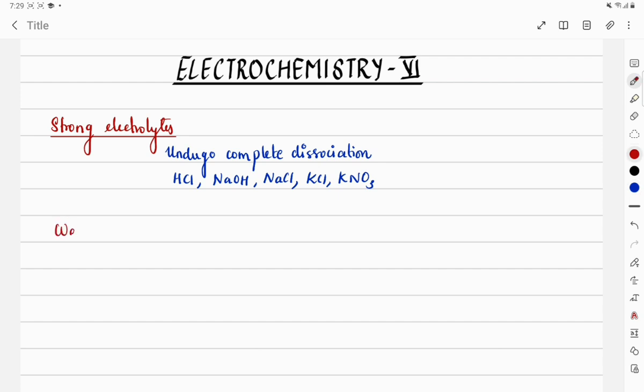Second is weak electrolytes, and they will be just the opposite of strong electrolytes, which means they will not completely dissociate into ions on dissolution. So they do not undergo complete dissociation.